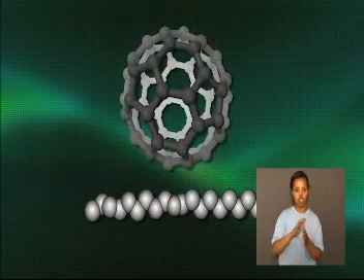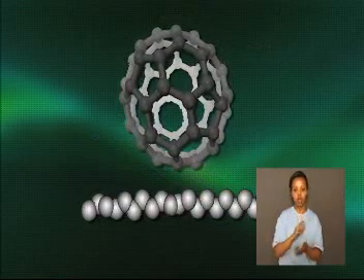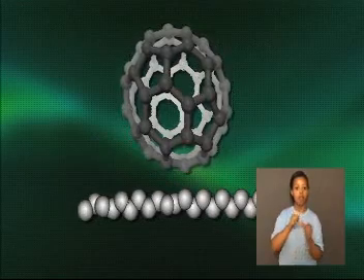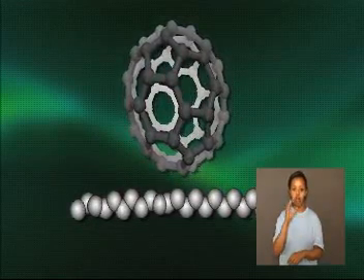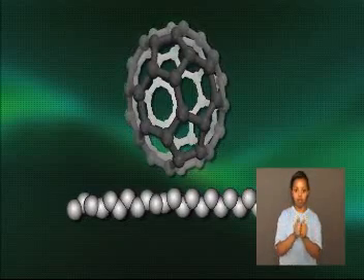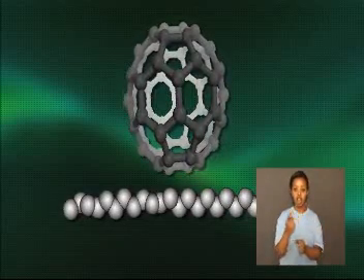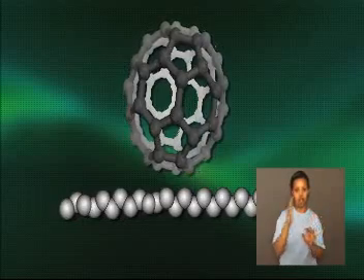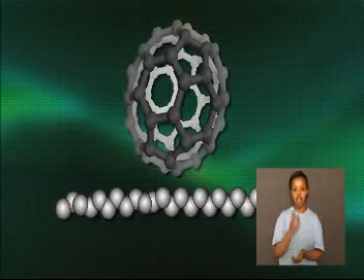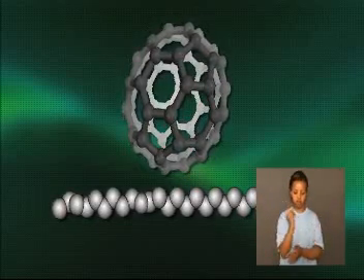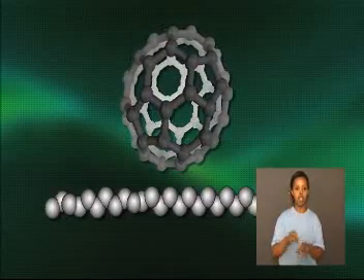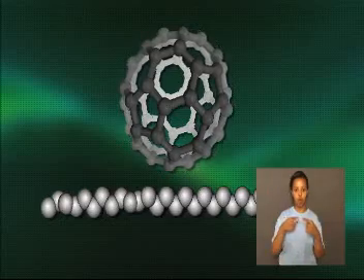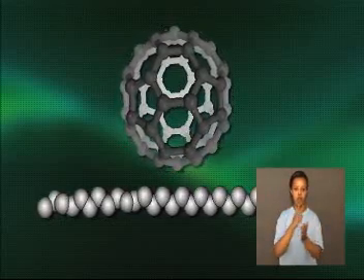A characteristic of the carbon atom is that it will form bonds to other carbon atoms, often in a chain or a ring formation. Once in this configuration, carbon will also chemically bond with atoms of other elements.